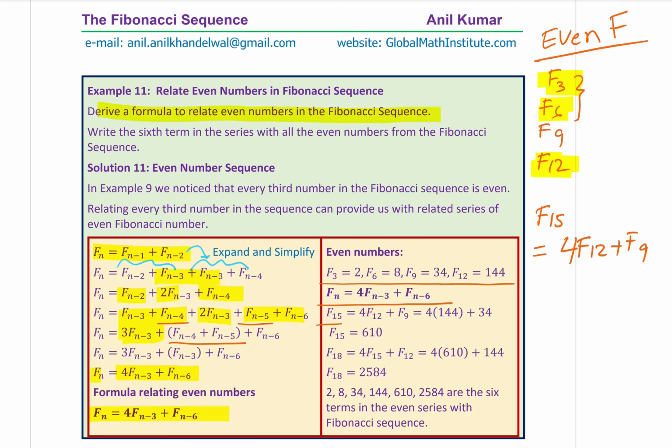Adding them up, multiplying by 4 first, gives us the next even number in the Fibonacci sequence. You can repeat this formula again and again and expand your sequence. So 2584 will be the next, and in this case we did 6 numbers, so you could go on with this series. You now have a golden rule, which is 4 times Fn minus 3 plus Fn minus 6.